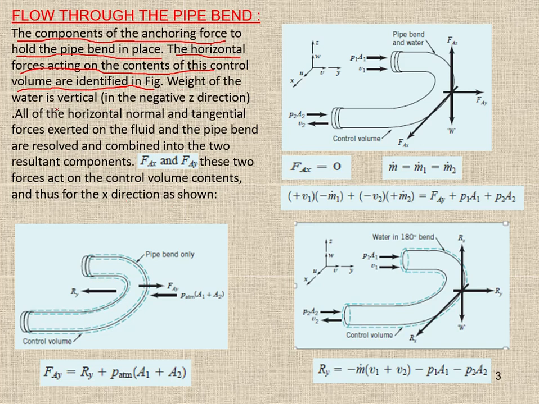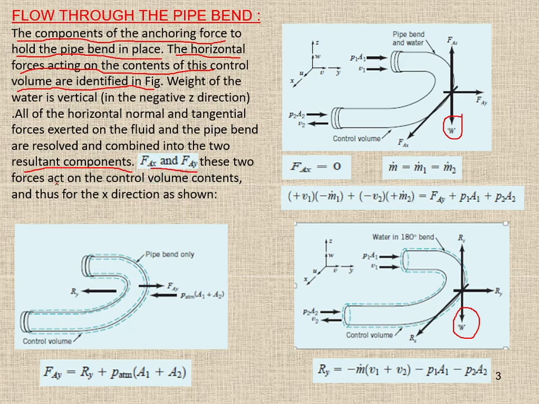The weight of the water is vertical, in the negative z direction. This is the weight of the water. All the horizontal, normal and tangential forces exerted on the fluid and the pipe bend are resolved and combined into the two resultant components, FAX and FAY.